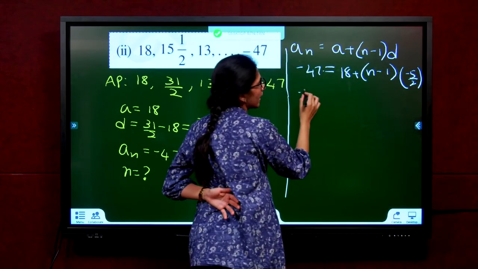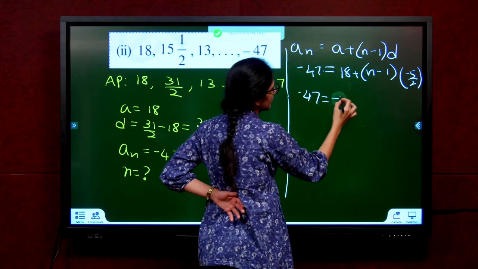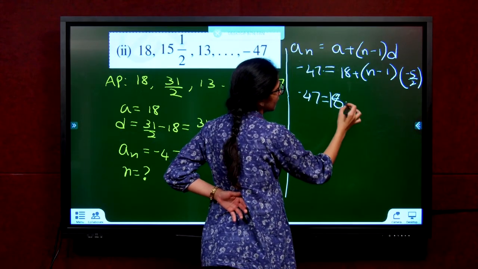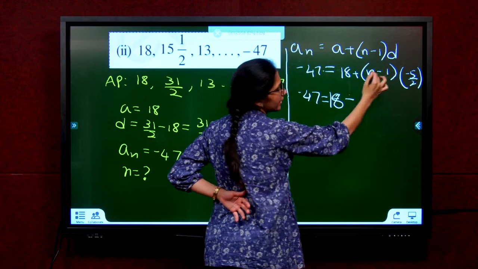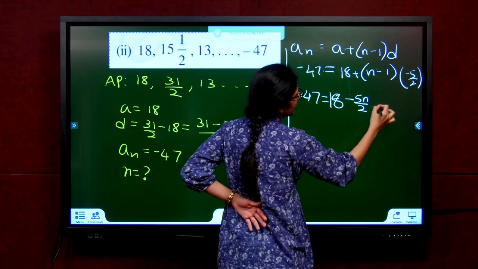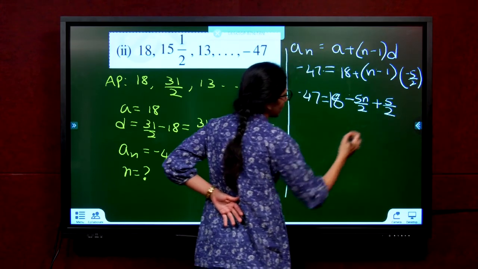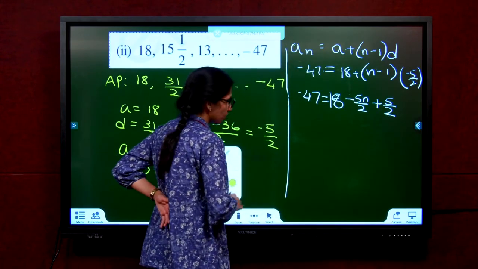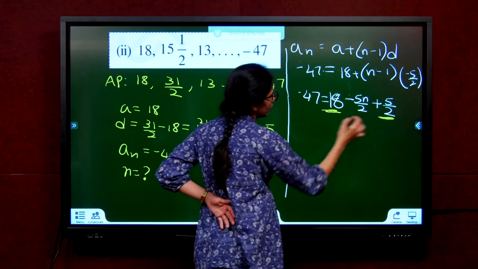Careful, minus 47 is equal to 18 plus, minus 5 by 2 into N, minus 5N by 2, minus into minus plus 5 by 2. Be careful. 18 and 5 by 2 you have to add now.